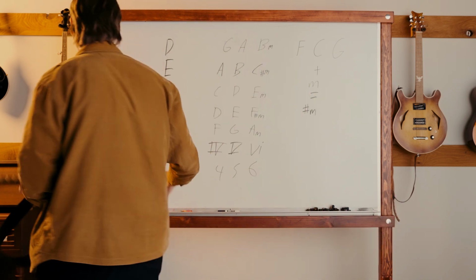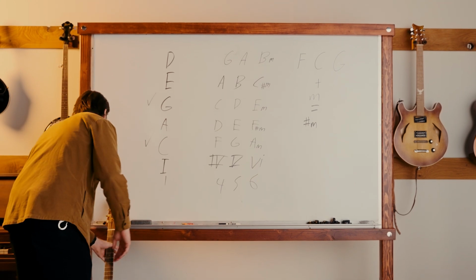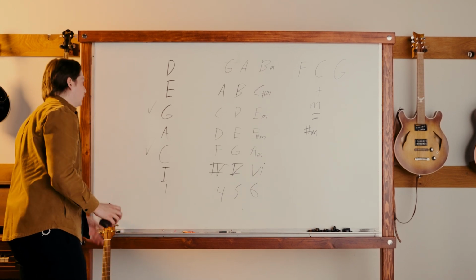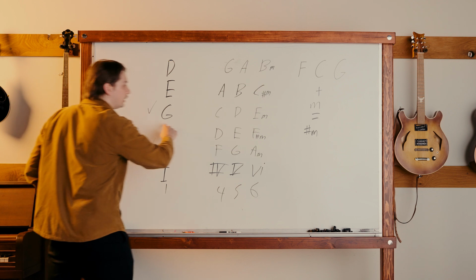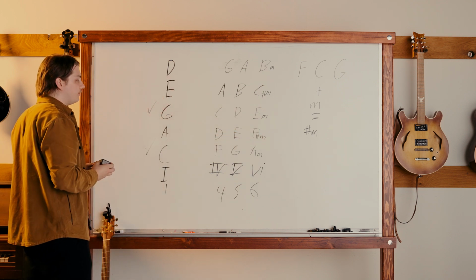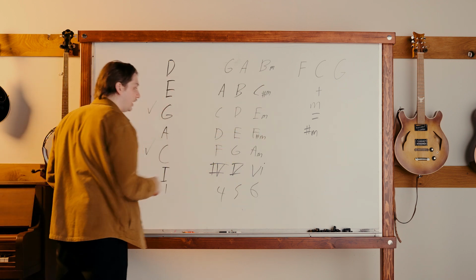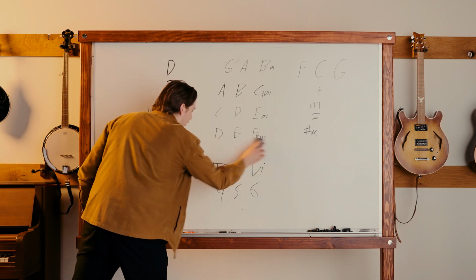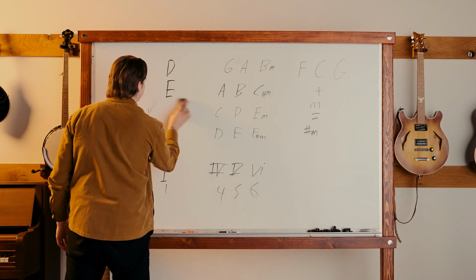Once your guitar is tuned, you can go ahead and turn off your tuner, put that back, and we're going to dive right in to the key of D, okay? Now, behind me is still written what we learned in the last video. We had already learned the key of G, and we've already learned the key of C. So what I'm going to do right now is erase these different keys, okay?